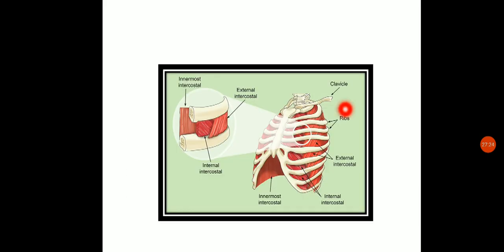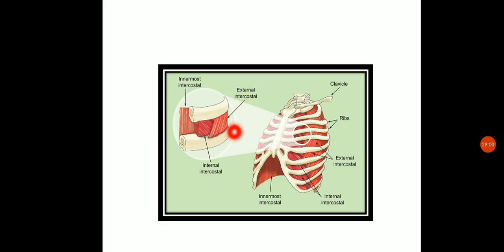We have seen that the lung is covered by the thoracic cage, which consists of the ribs connected to the sternum and the vertebral column. The space between two ribs is called the intercostal space, in which two types of muscles are present.